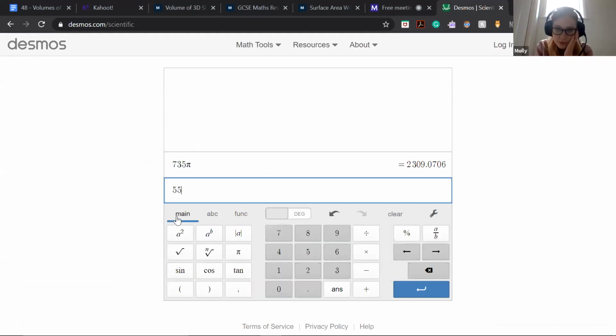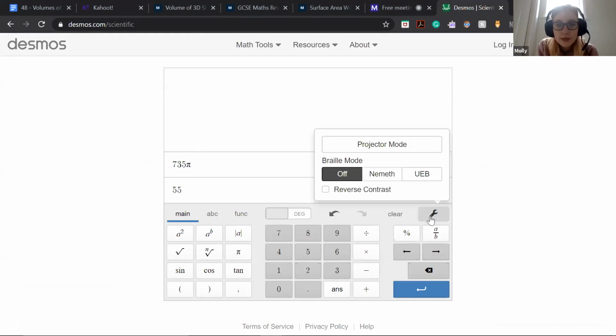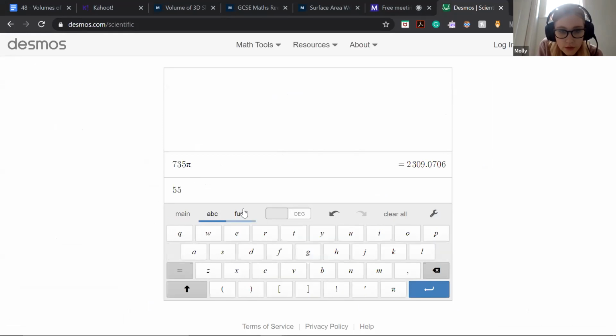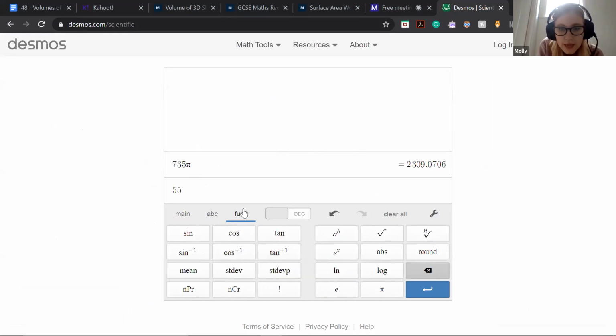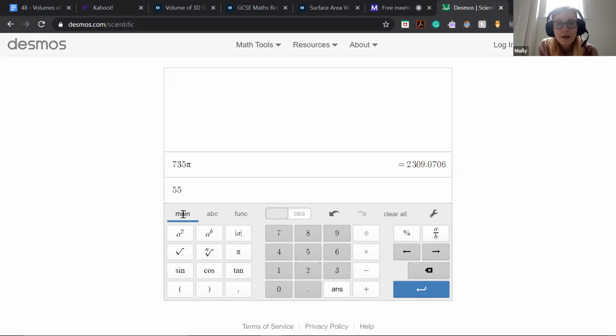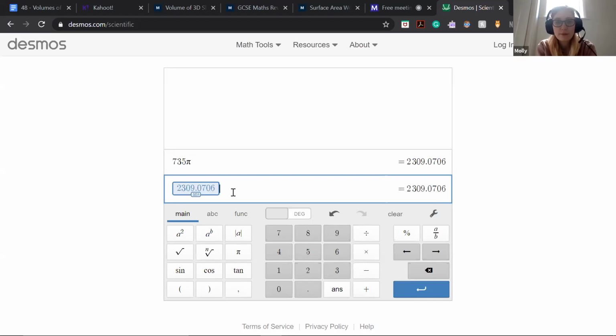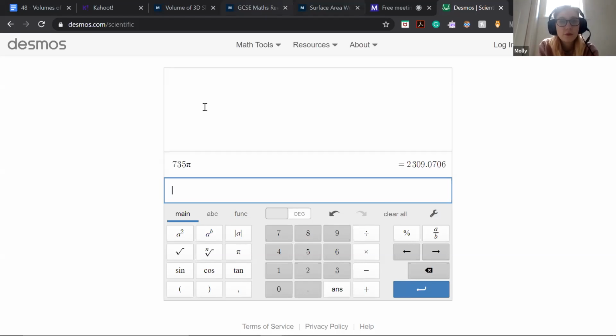I'm not 100% sure if you can, so it's not as good as a normal calculator, but it does pretty much everything else. Yeah, so I don't think you can actually save values, but you can use answer and it brings up what you had before, so it is useful.